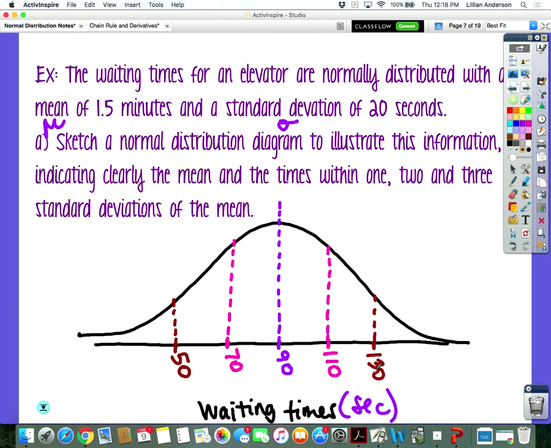Yes. What you do notice hopefully is that 110 plus another standard deviation will give me that value. So you could do it that way. Just keep adding standard deviations. And the last one, 3 standard deviations, right there on the edge. It's going to be what? 30 and 150. And here is your diagram that represents your normal distribution curve. Yes, ma'am.